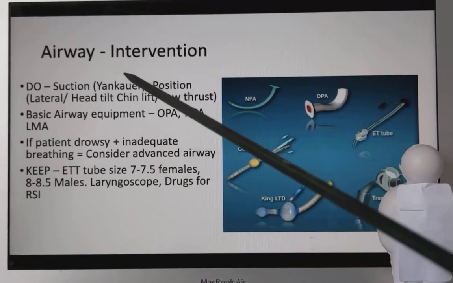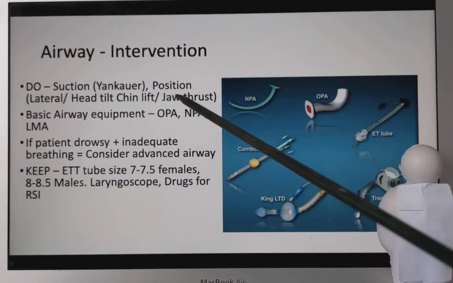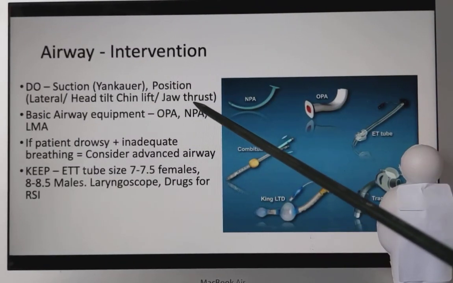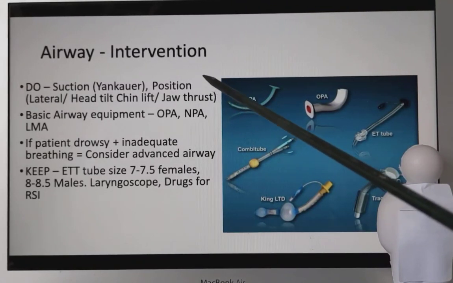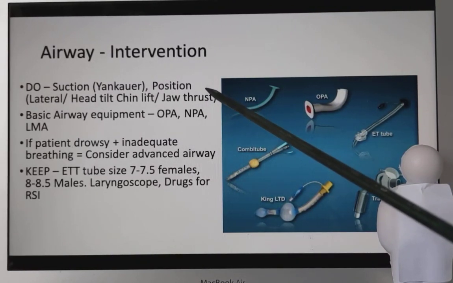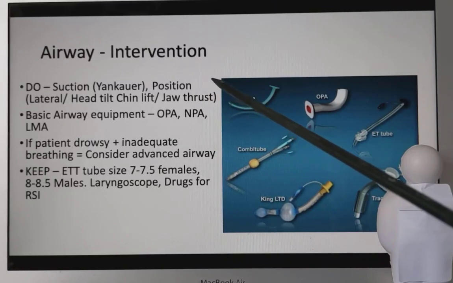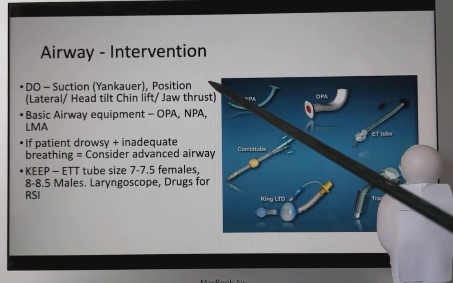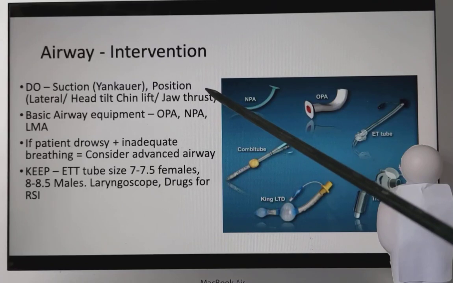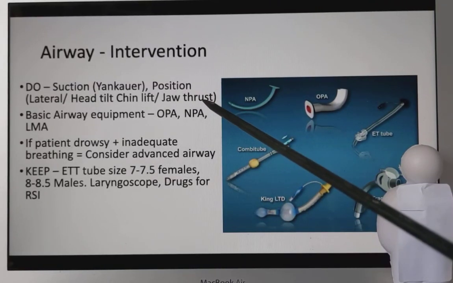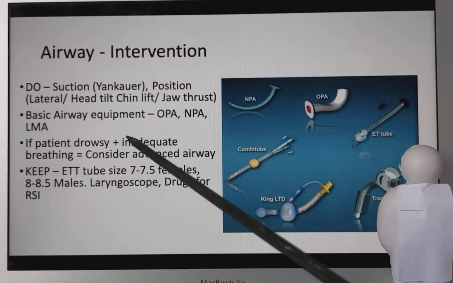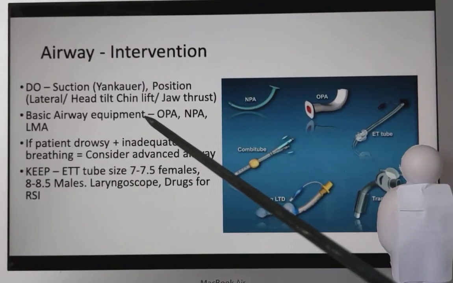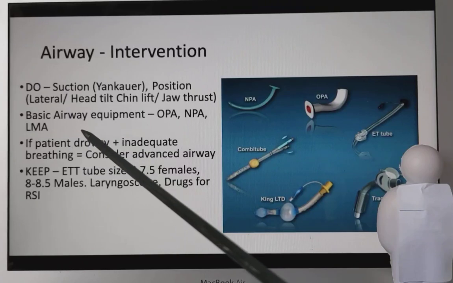You can do a head tilt chin lift as I showed earlier, and you can do a jaw thrust maneuver, which should be done in patients in whom we are considering, say, a neck injury in trauma victims. Because then you cannot move their neck and you can only move their jaw a little forward to relieve the airway obstruction.